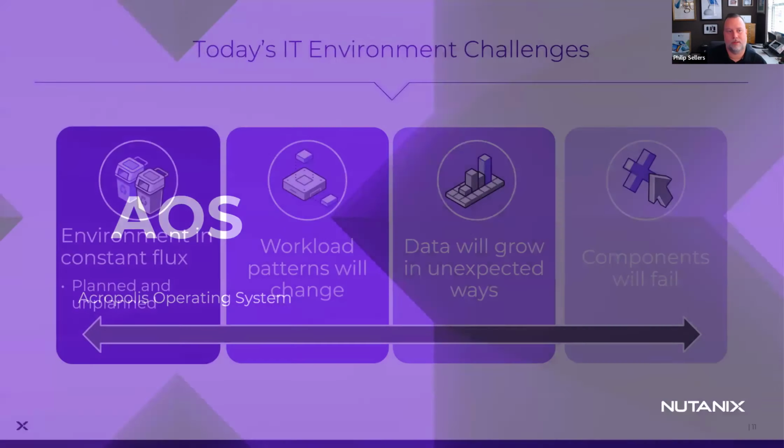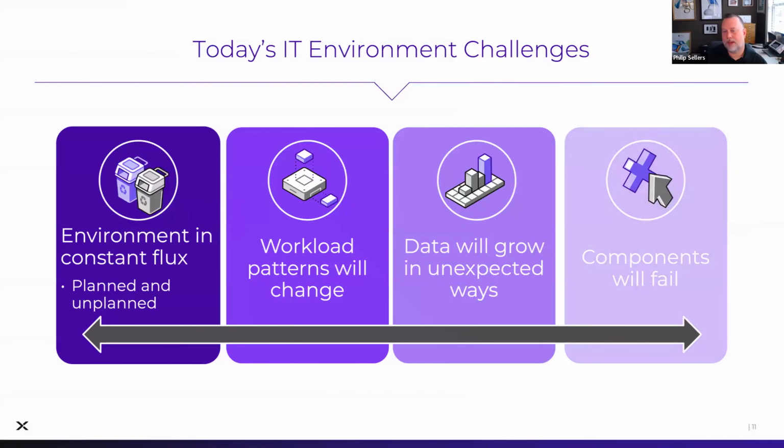As we talked about in our Lunch and Learn series, today's IT environment has a lot of challenges. There's environments constantly in flux. There's workload patterns that are going to change. There's data growing unexpectedly as we have new ways of creating data, software sensors in the edge, and all of this crazy growth in transactions and digitization of your business.